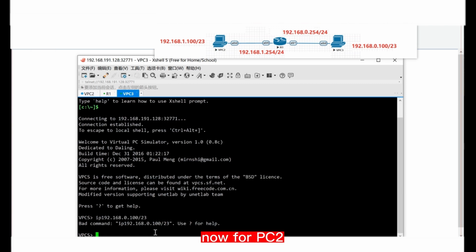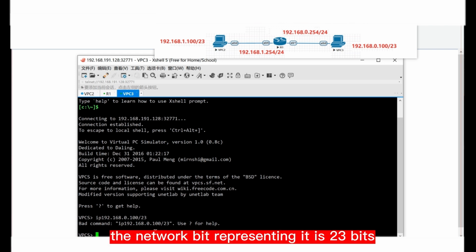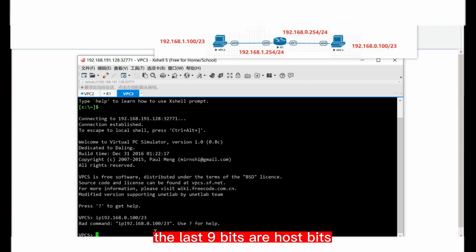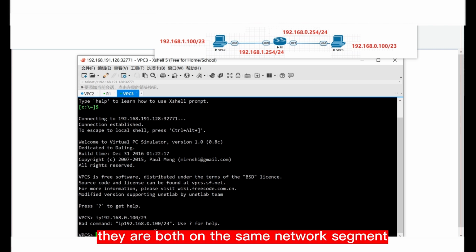Now for PC2, 192.168.1.100, the mask is 23 bits. The network part is 23 bits, and the last 9 bits are host bits. Then whether it is 1 or 0, both are in the 24th bit. They are both on the same network segment.